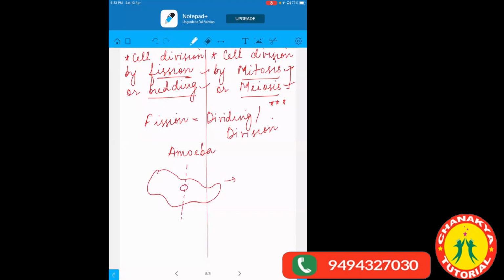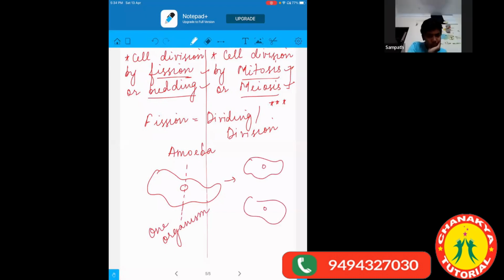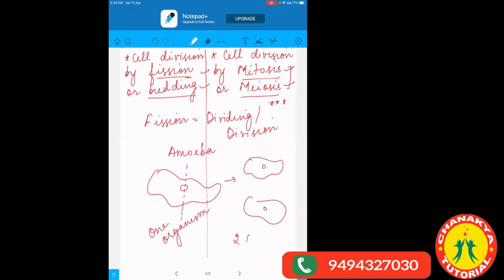Earlier one amoeba was there. So from this amoeba, because of the division, how many amoebas do we get now? We got two, correct? So that is what fission is. Fission means dividing. Here the organisms divide themselves and then increase their number.